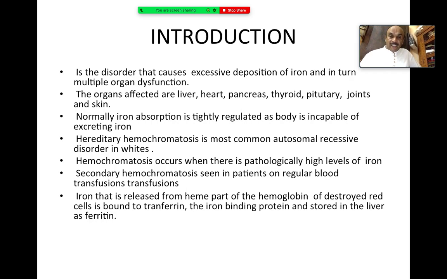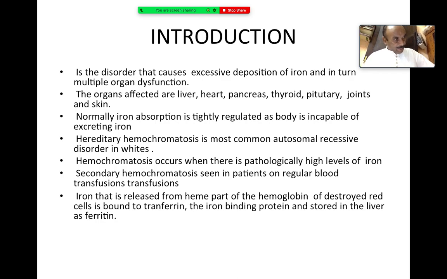I'll come into the secondary hemochromatosis, which is seen in patients on regular blood transfusions like thalassemia, etc. Well, iron that is released in these conditions, when the iron is released from the heme part of the hemoglobin or the destroyed RBC, there is increased turnover of the RBC in chronic hemolytic anemias. Okay, and there is rapid destruction of the RBC because of the reduced lifespan.